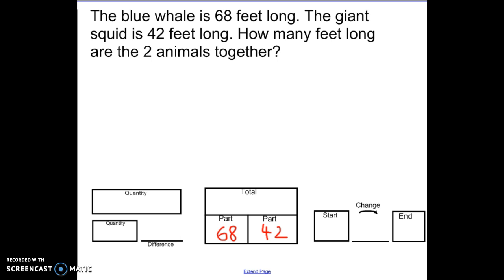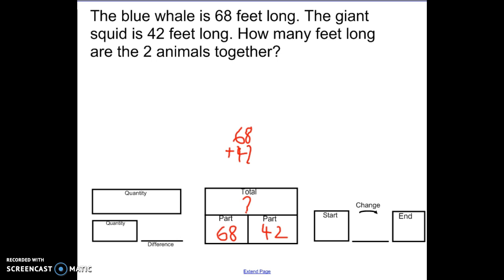So the kids are very much used to putting a question mark in our total box, meaning that is what they are going to work toward to find. And then up here in our space, virtually every student in the class knows how to add this, stacking it, adding 68 plus 42 very neatly, putting the tens on top of the tens and the ones on top of the ones.